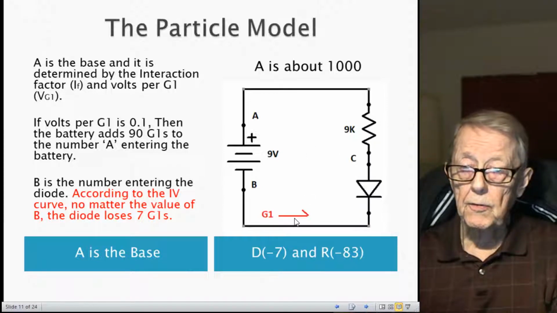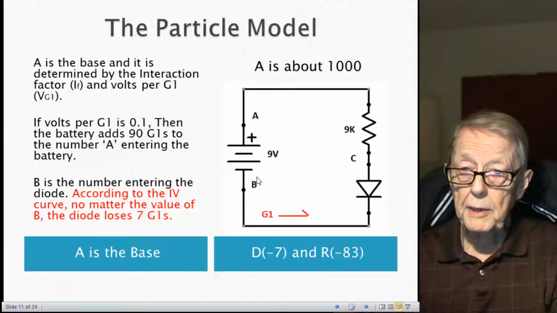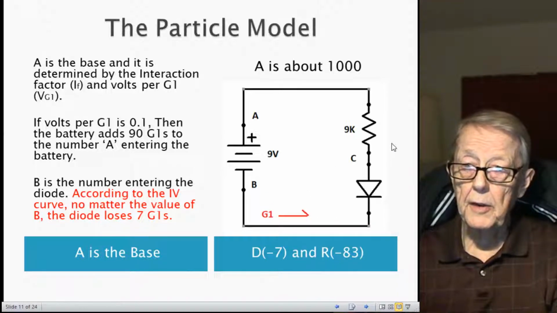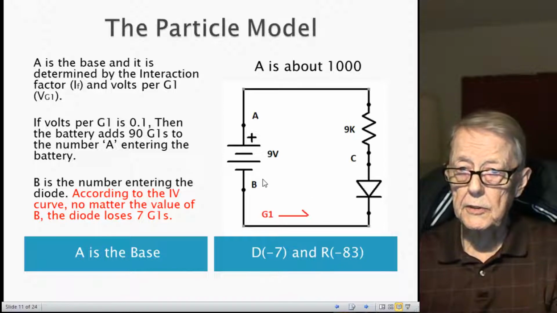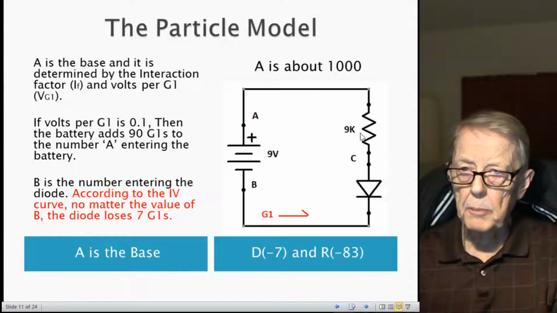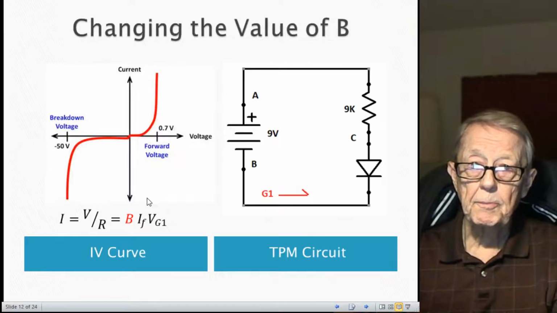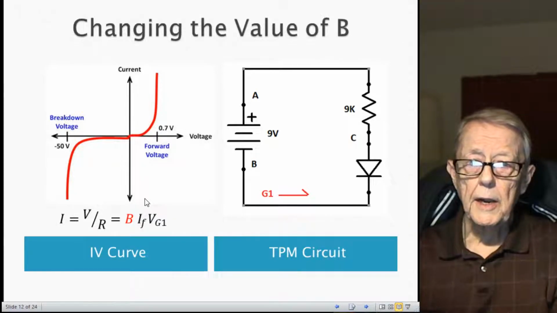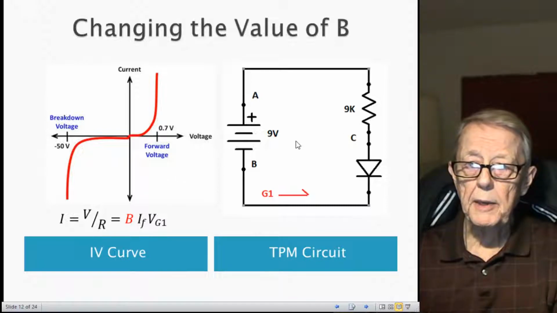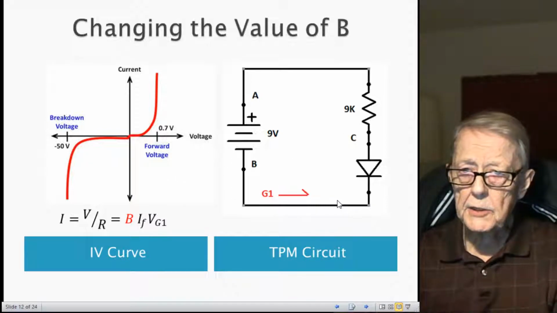So I'm going to use B as the input to the diode, and I'll talk about a resistor. B represents how many are coming in. Okay, so I'm going to change the value of B. I want to change the number coming in.